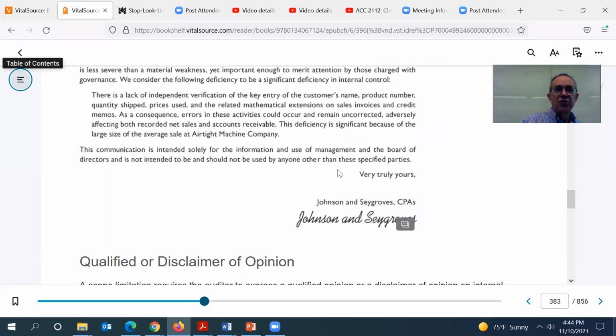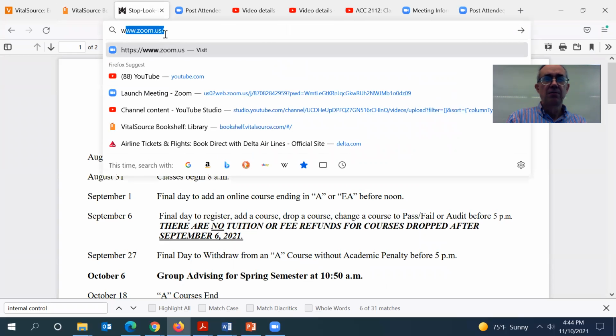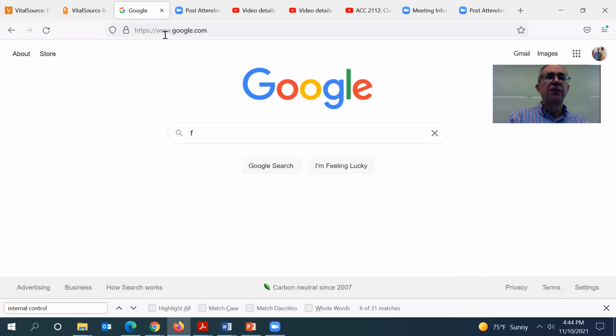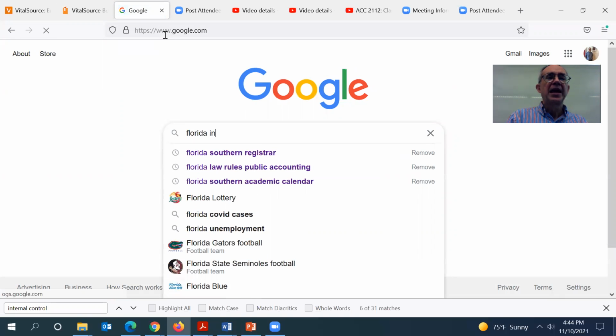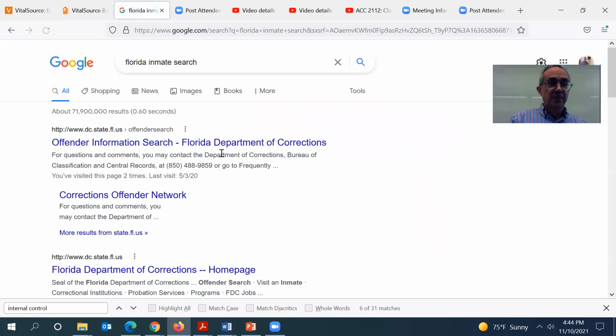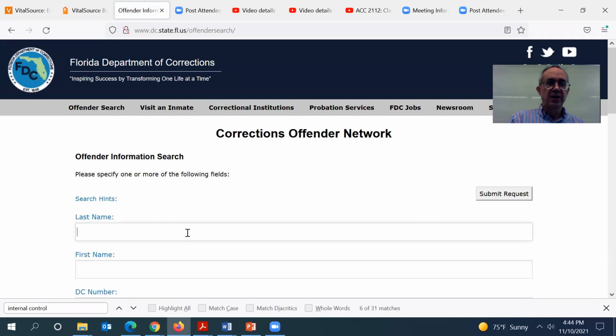Let's see. Let me Google something. That will be the Florida inmate population, inmate search. There we go. Okay, Florida Department of Corrections. Let's find out.